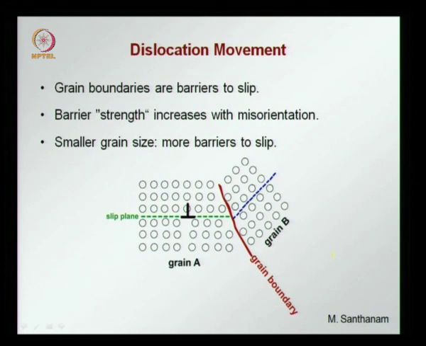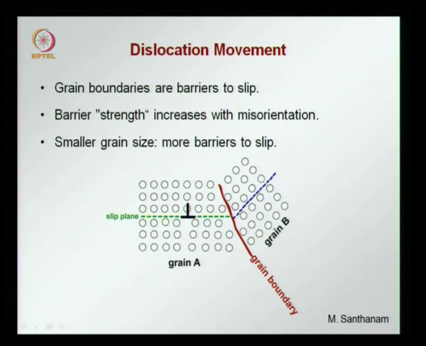We also saw earlier that in polycrystalline materials there are grain boundaries, and at the grain boundaries we had discontinuity of the crystal structure. This is what we call a surface defect, where there is a gap between adjacent atoms, adjacent cations in say a metal, and the slip plane does not continue across to the neighboring grain.